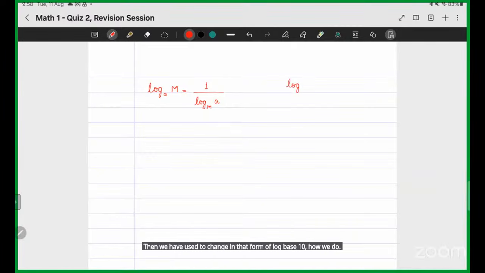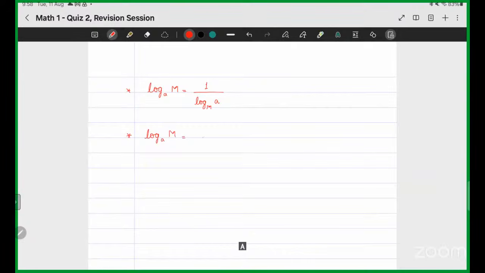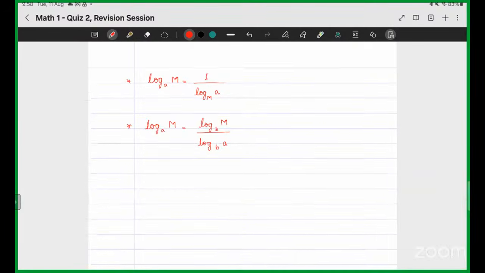Oh, okay. The rule you're saying is log of a to the base m is equal to log of a to the base b divided by log of m to the base b. Is this the one you're asking for? Yeah. Okay, I think this was also not stated. All right, so this is also there.